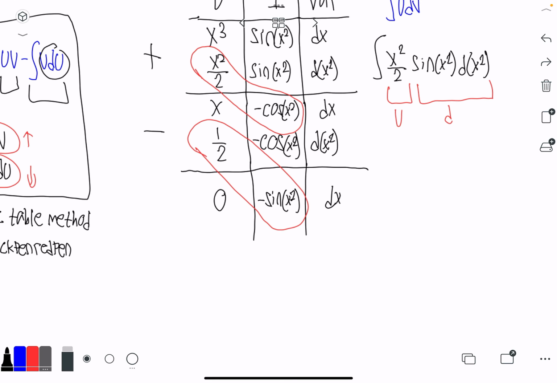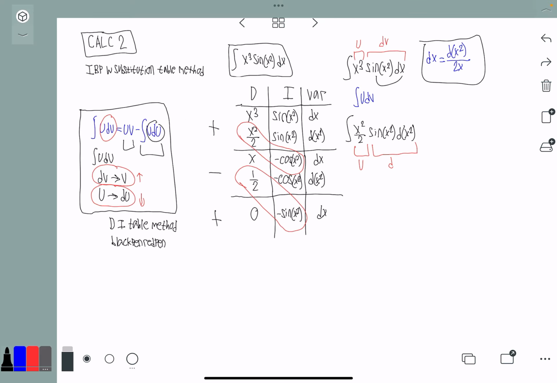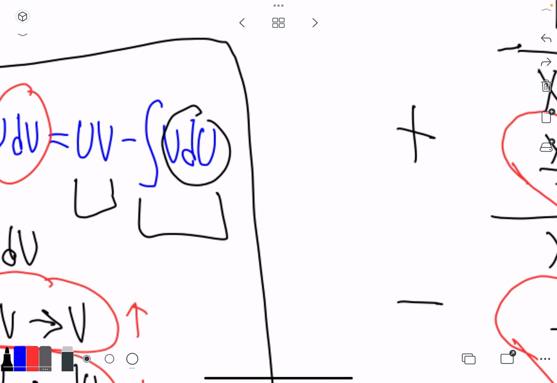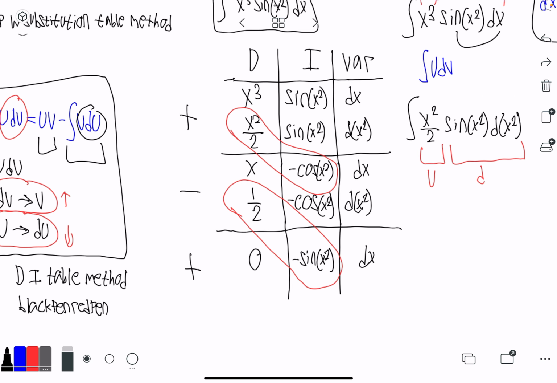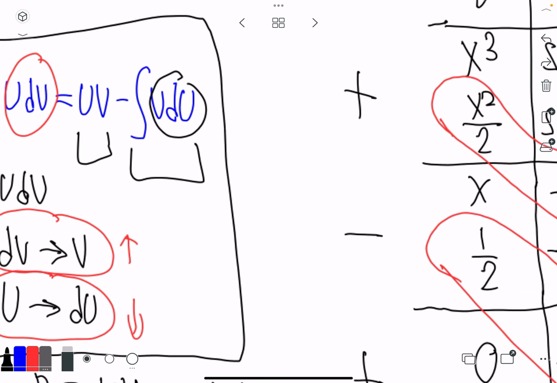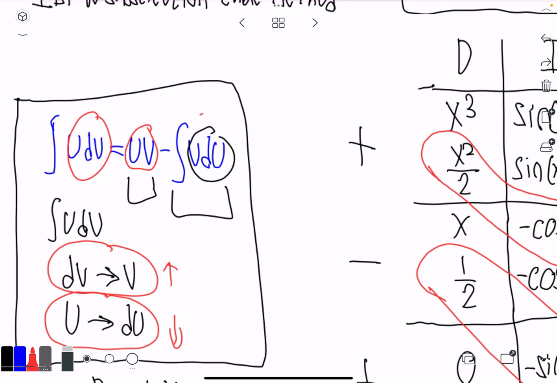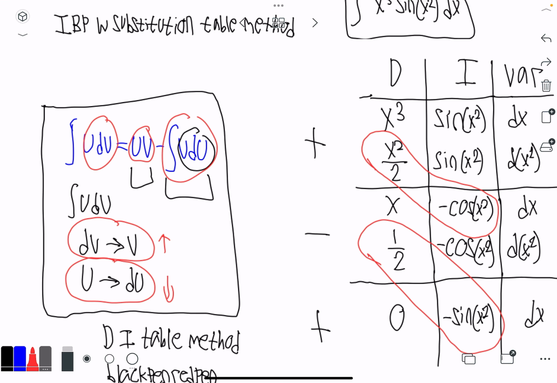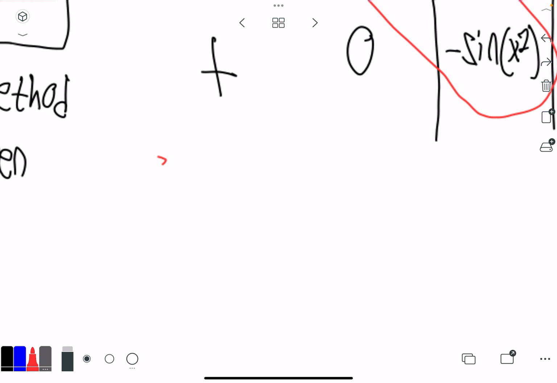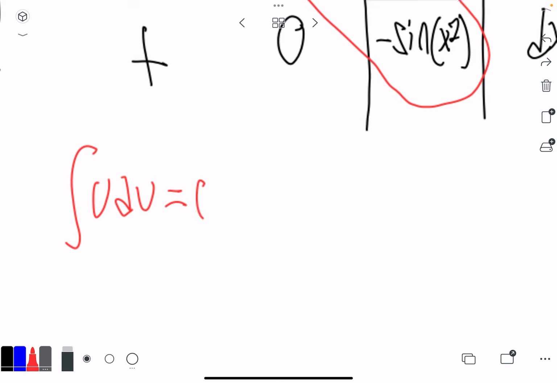So the last one here is going to be positive again. Essentially, all of the answers that we're getting here are all of the uv's, because eventually this v du will decay. It's like a bunch of recursion: it's uv minus integral v du.